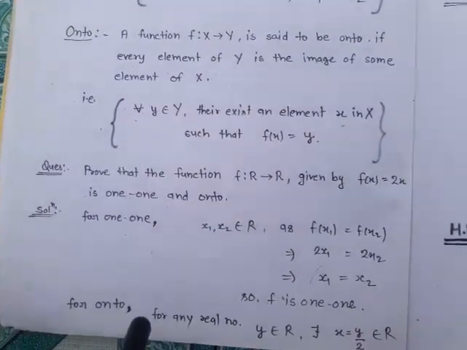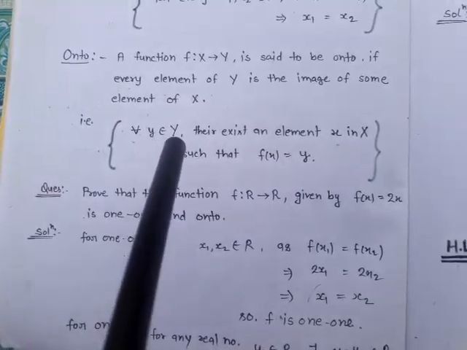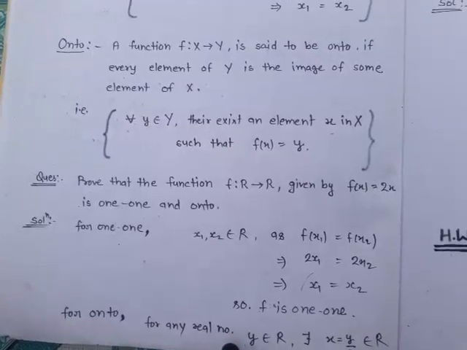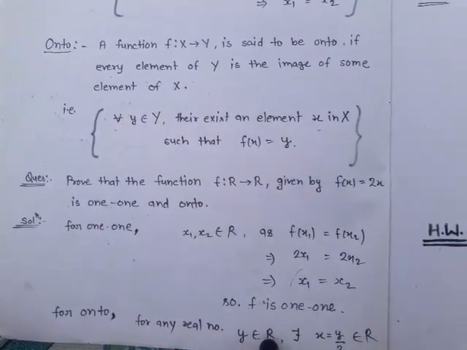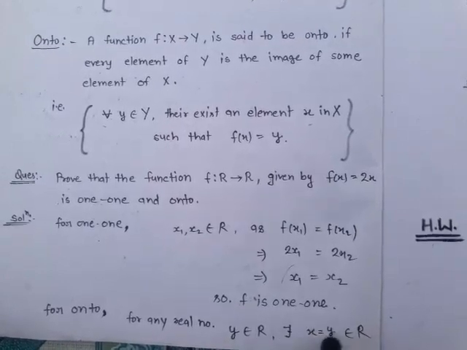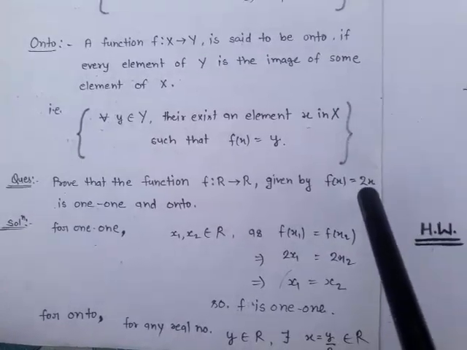Now for checking onto, the condition of onto is small y belongs to Y. We take this relation R. For any real number y belongs to R, there exists x = y/2 belongs to R. How does this come? We put y belongs to R, and we put 2x = y.